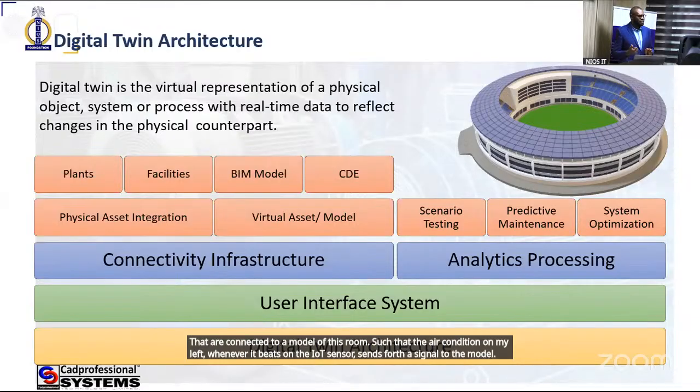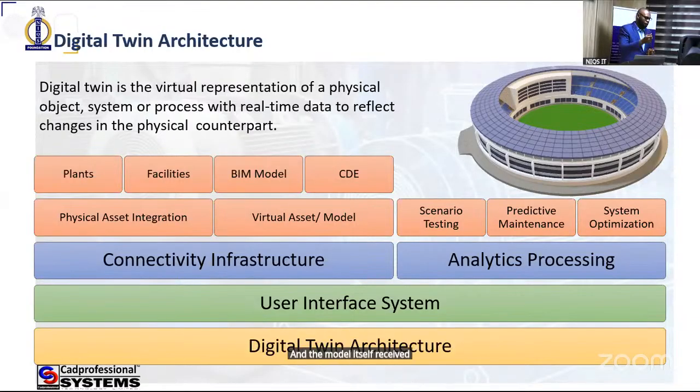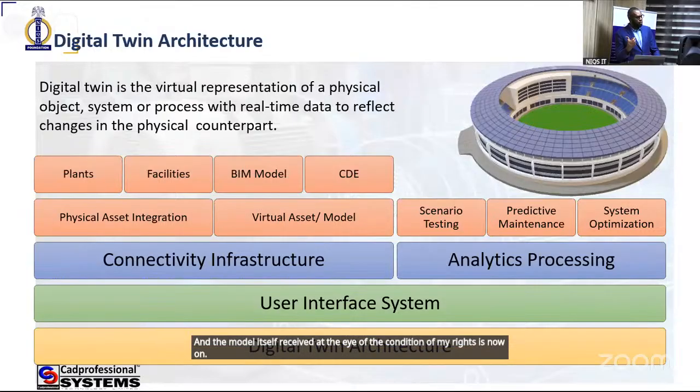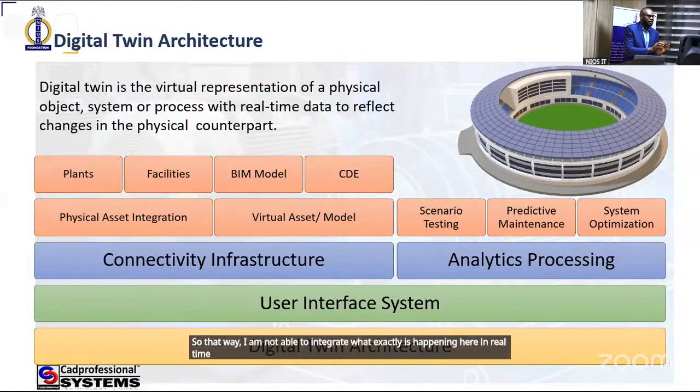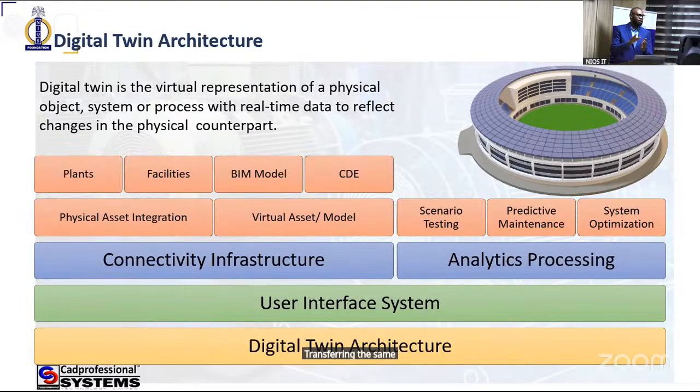The model receives that the air conditioner is now on and takes note of that information. When the lights are off, it also sends a signal, and the model receives that the lights are off. That way, I am able to integrate what is happening here in real time, transferring the same data and information into what is happening in the data model.